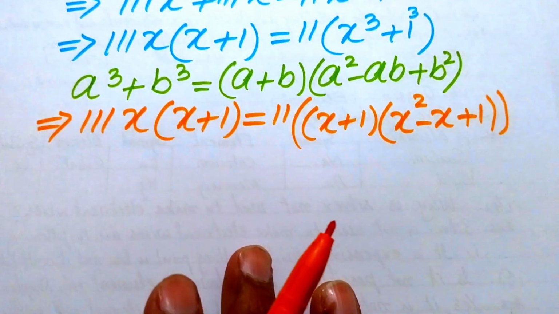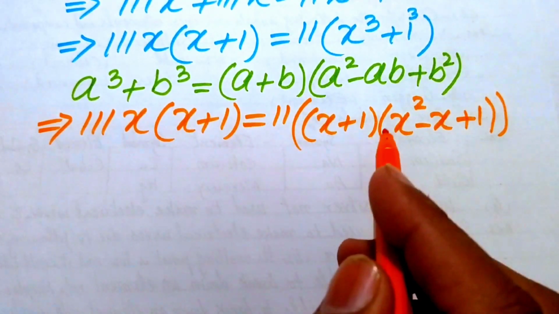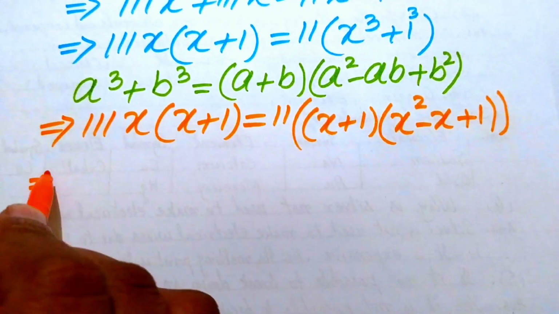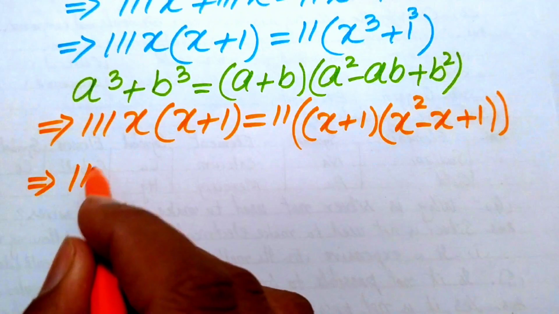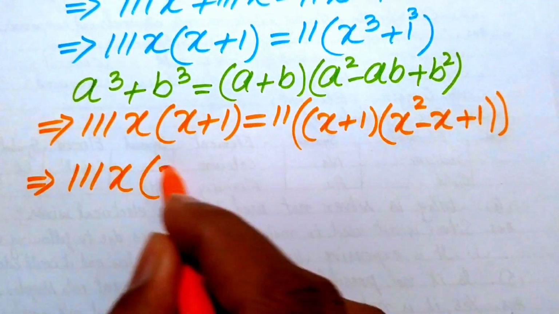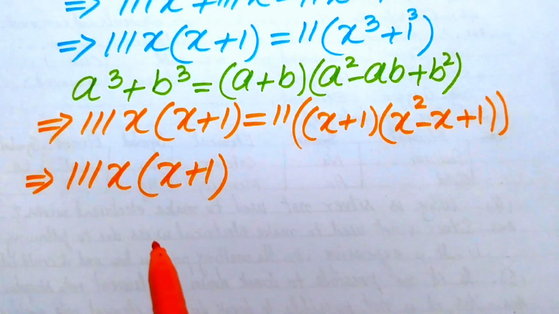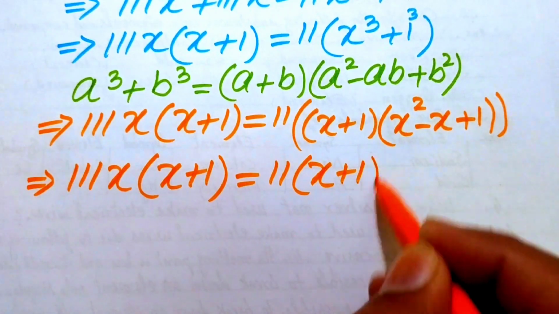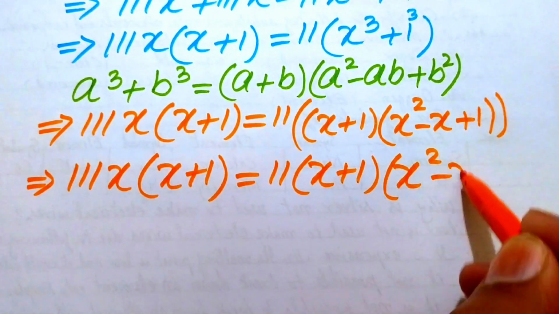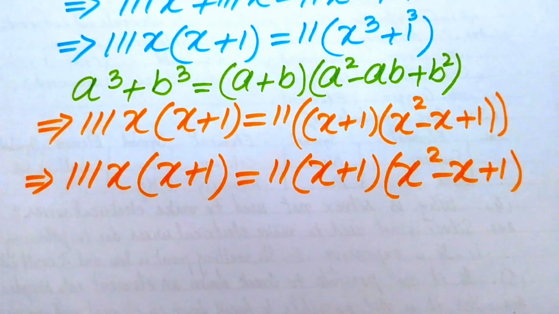And now we multiply this 11 on both of these terms, and we move all the terms in the right hand side to the left hand side, and it will be written as 111x into x plus 1 equals 11 times x plus 1 into x square minus x plus 1.